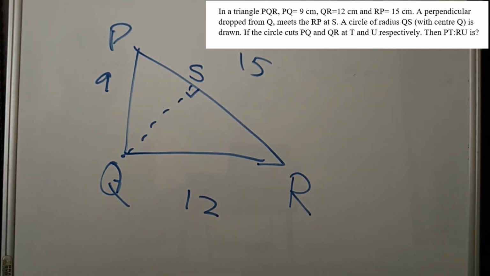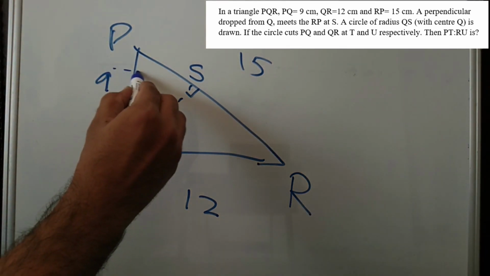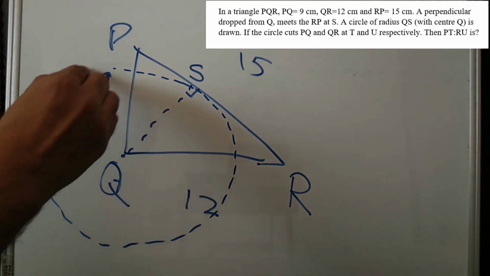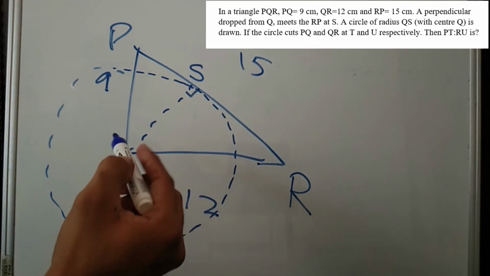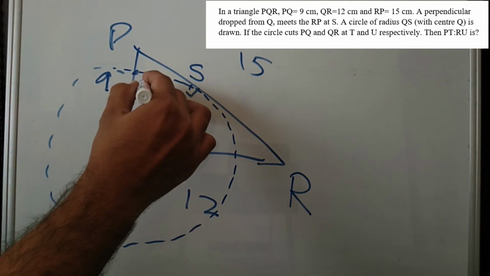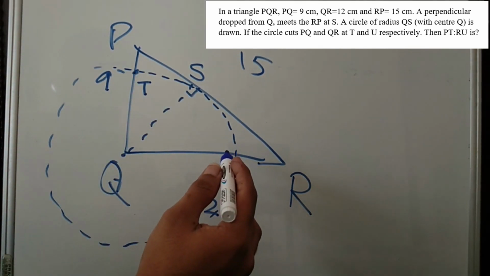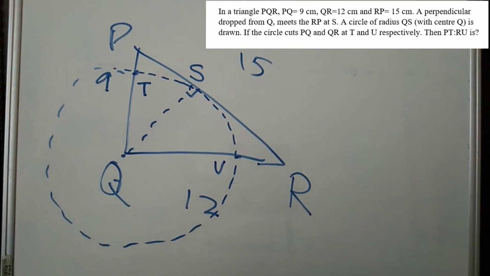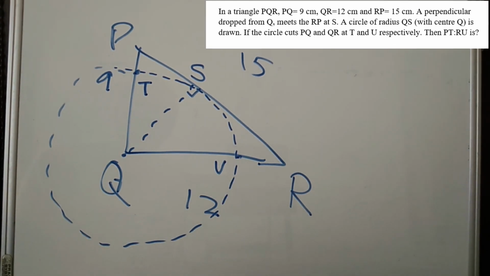Okay, so there is a circle like this with radius QS, and here it cuts at T and it cuts the triangle at U. Okay, so I have to find the ratio of PT is to RU.